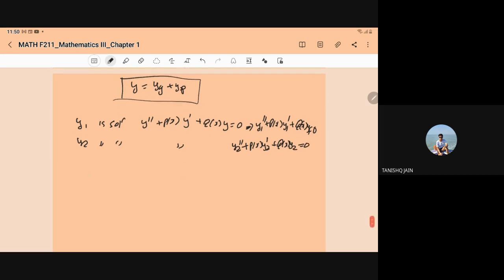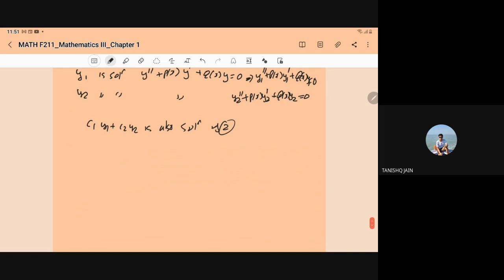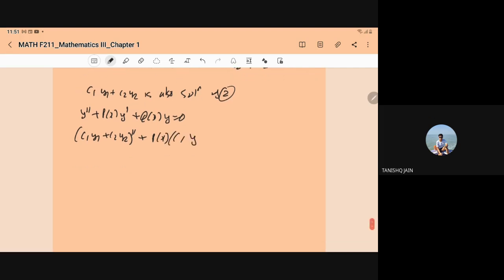Now we are saying that the linear combination c1 y1 plus c2 y2 is also a solution of the second equation, y double dash plus p(x) y dash plus q(x) y is equal to 0. So (c1 y1 plus c2 y2) double dash plus p(x) (c1 y1 plus c2 y2) dash plus q(x) (c1 y1 plus c2 y2).